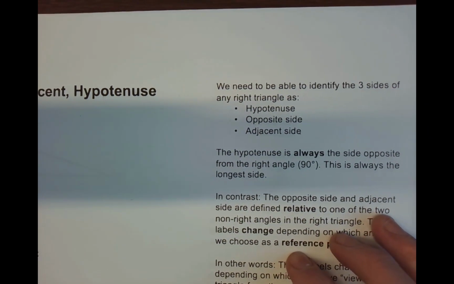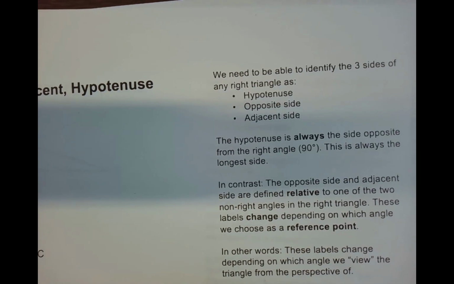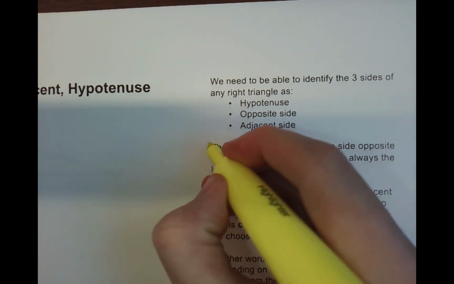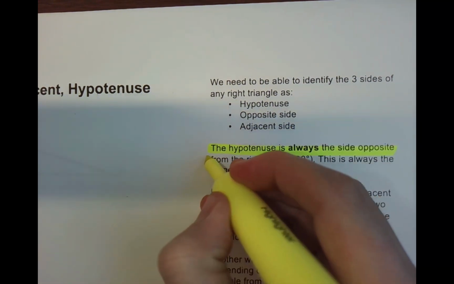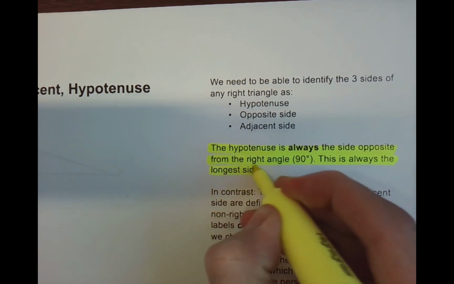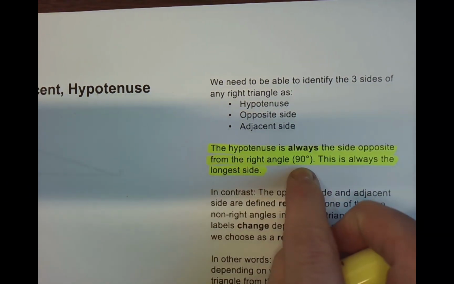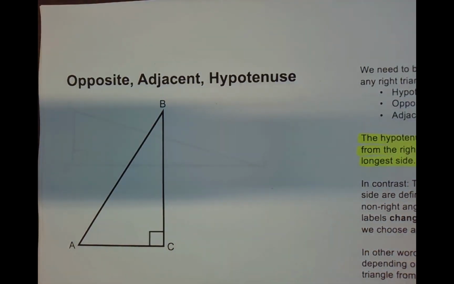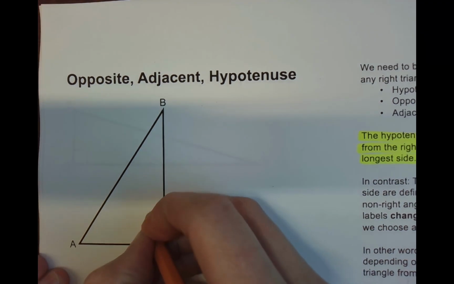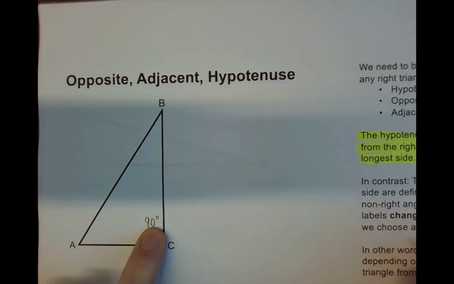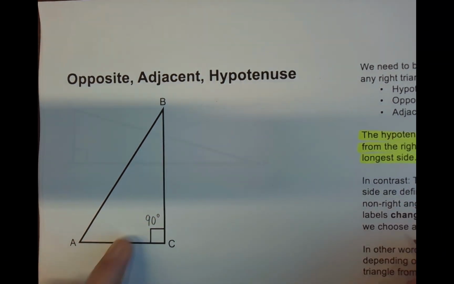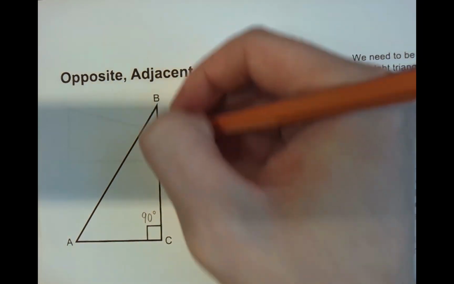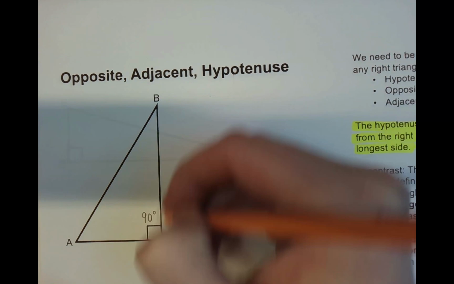And here's the thing. The hypotenuse is always the side opposite from the right angle, which is the longest side. Here's my little triangle. This is my right angle. Right angles are 90-degree angles, and this little box tells me that's my right angle. A right angle happens when two lines are perpendicular.